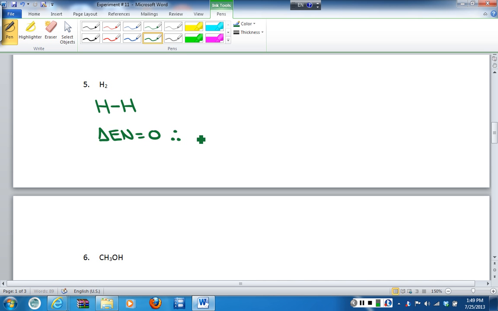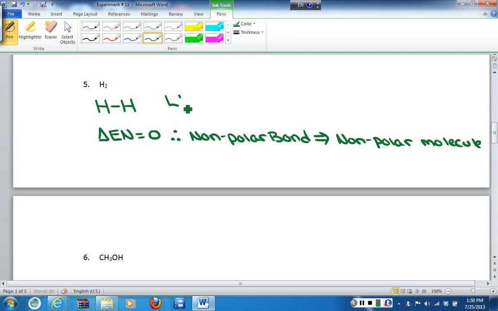Therefore, we know that this is a non-polar bond, which means that this is a non-polar molecule. So since this is a non-polar molecule, we know that the intermolecular force present is London dispersion forces, and since this is the only intermolecular force present, we know that it has to be the strongest.